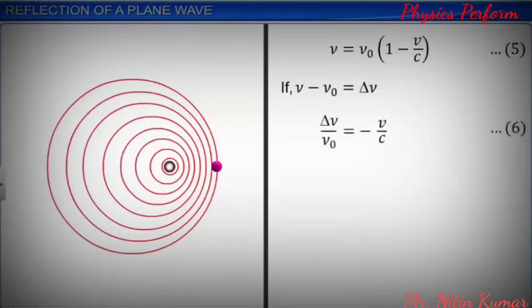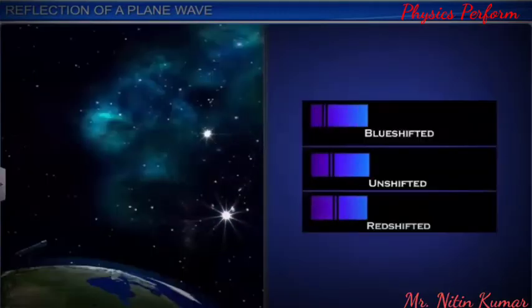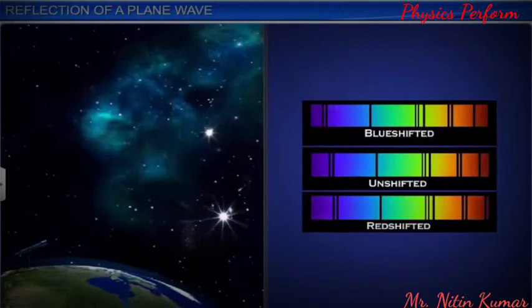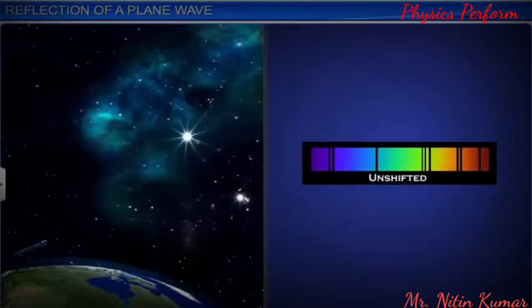Doppler effect of light has an important bearing in astronomy. When light emitted by stars is passed through a prism, a spectrum is obtained. In the visible part of this spectrum, lines of different wavelengths along with some intermediary dark lines are present.